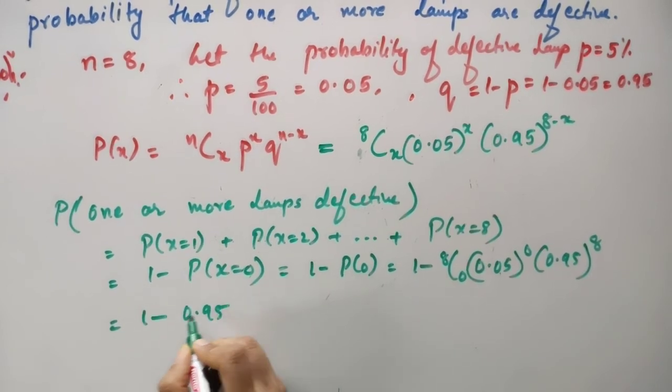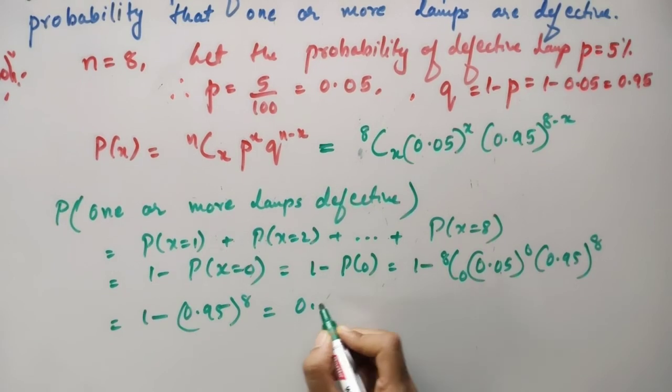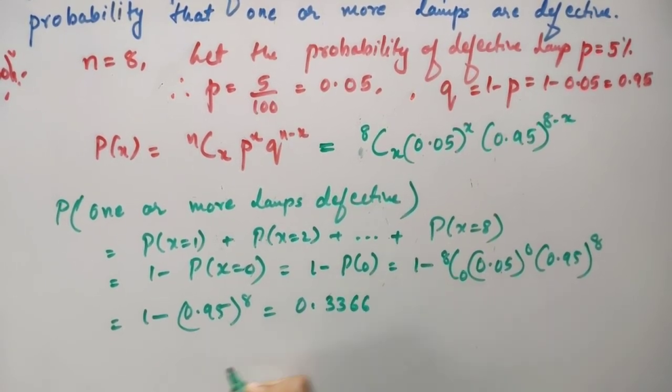So 0.95 raised to 8. If you just solve this in your calci, the answer will come out to be 0.3366. I hope the point is clear to all of you. This is the final answer. The probability that one or more lamps are defective is this. I hope the point is clear. We'll continue with one more problem here now.